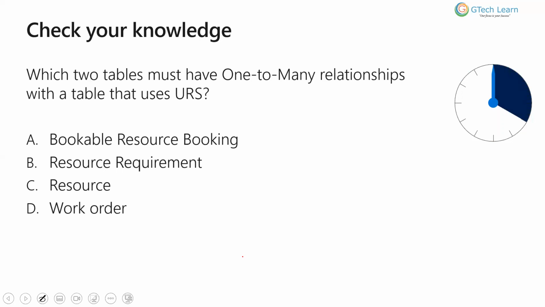Option A, bookable resource booking. Option B, resource requirement. Option C, resource, or option D, work order. So let's get your answers on the chat and let me start the timer now.